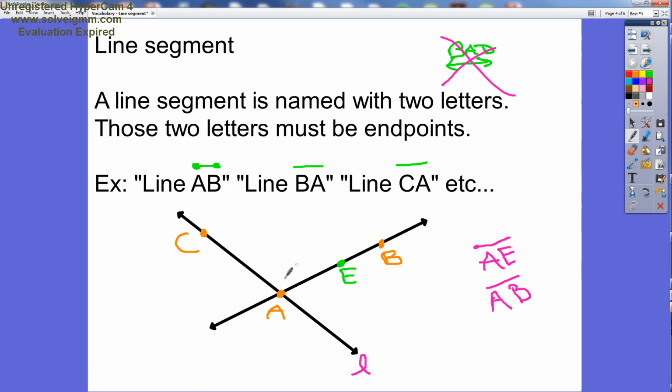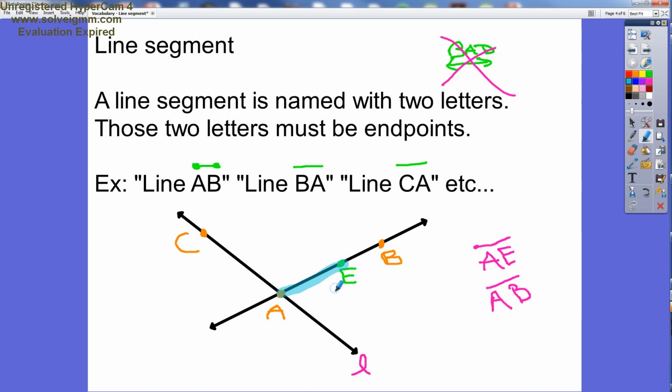But when we're talking about this situation here, when we have specific endpoints, if it starts at A and it ends at E, let me highlight that for you so you can see. If it starts at A and ends at E, we're just talking about that part.